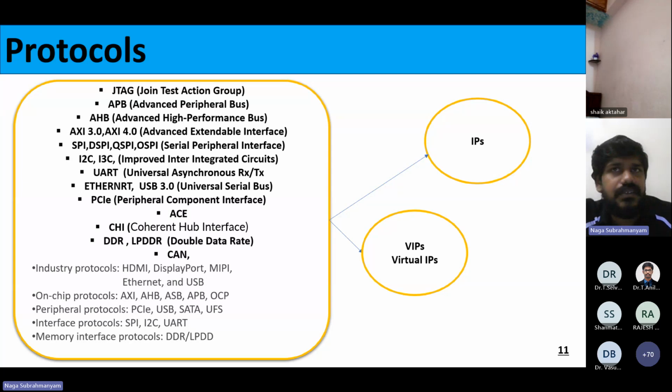Otherwise, we can't compare what exactly the design is doing, right? So we will mimic how the IP works, and whenever the IP is producing data, that data we can create in our VIP and try to compare. If the comparison matches, then the design is working as expected.